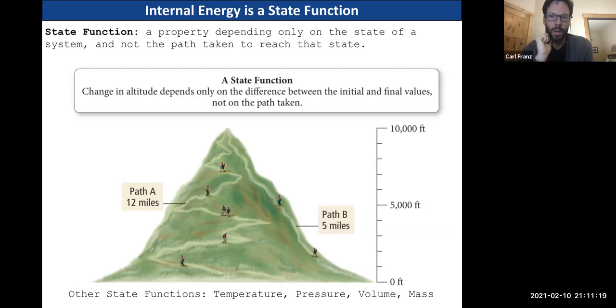If you took a longer path, or different trajectories, then it doesn't matter, okay? Other state functions are temperature, pressure, volume, mass. Again, it doesn't matter how you got from 0 to 100 degrees Celsius. All that matters is that that was the change, right?